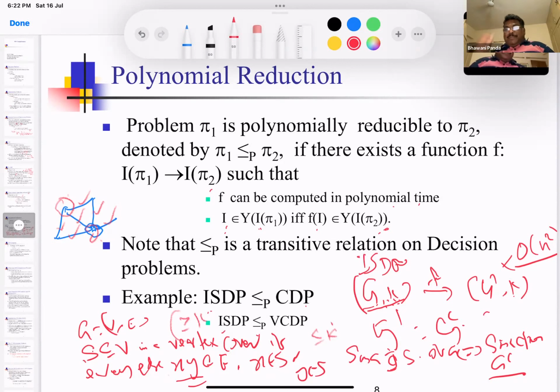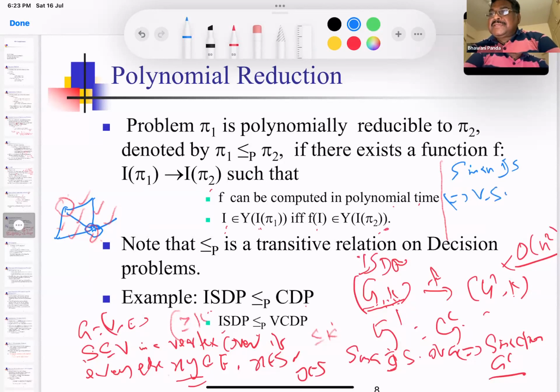So how do you find that independent set decision problem is polynomially reducible to vertex cover decision problem? Anybody who knows some graph theoretic characterization? So S is an independent set if and only if V minus S is a vertex cover.